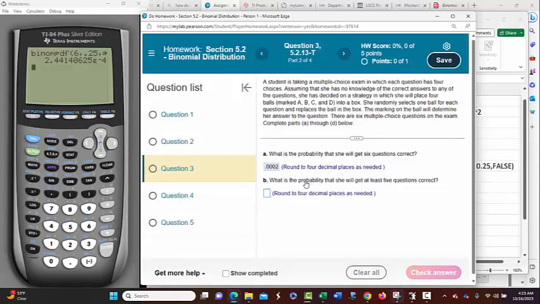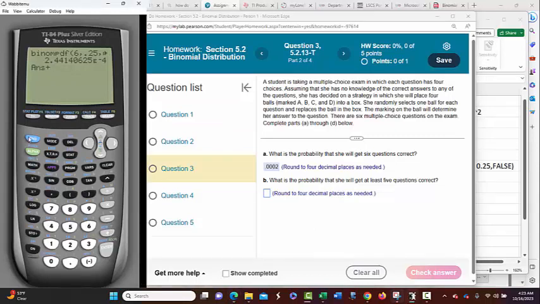All right then. Get at least 5 questions correct. 3 different ways you can do this. Now in the calculator, at least 5 would mean 5 or 6. So add it together. I can keep this one since we've already done 6, and go plus, and then do it for 5 and add it together, and that'll get it.